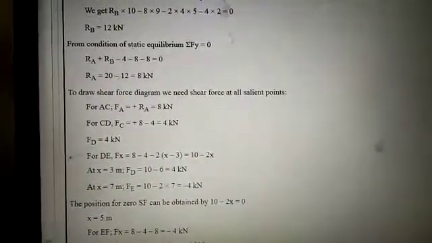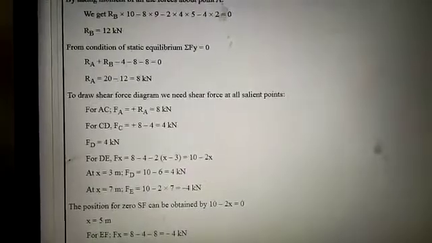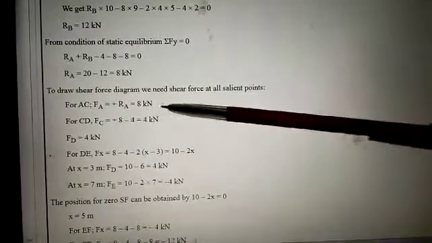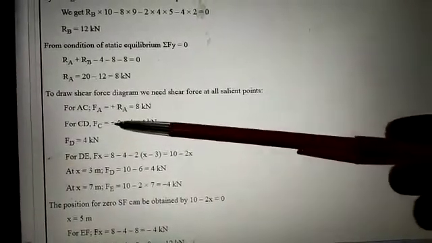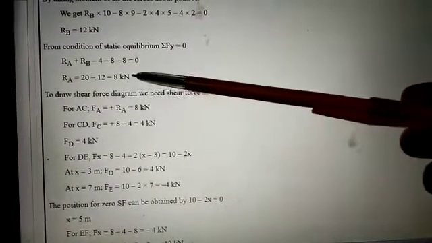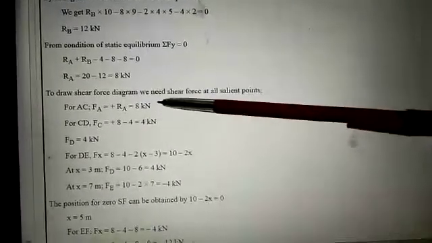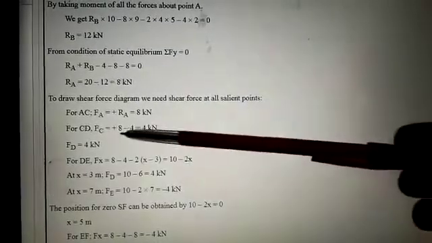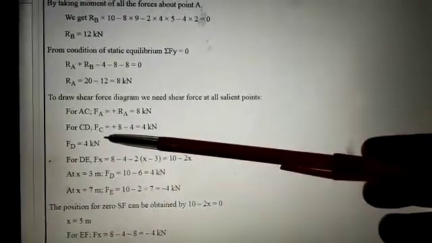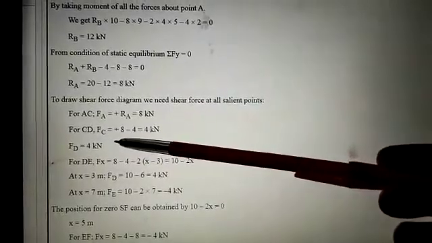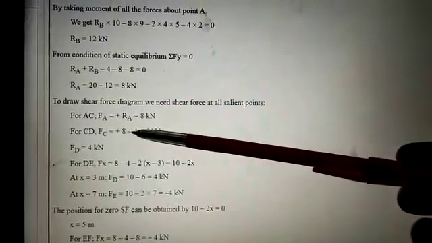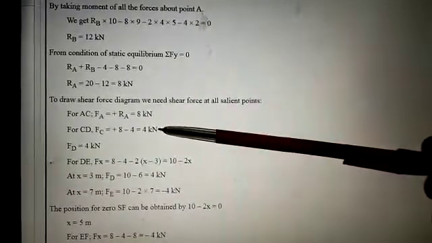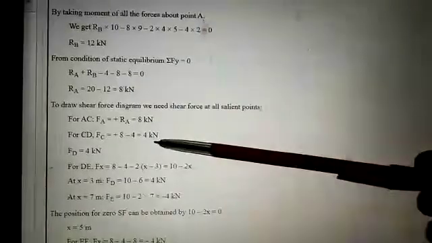In order to draw the shear force diagram, we will find the shear force at different points. As we have obtained, the shear force between AC is 8 kN, which is considered positive. So an 8 kN shear force is found at A. Now at point C, for CD, 8 kN minus the 4 kN downward load, so the shear force at C comes out to be 4 kN.